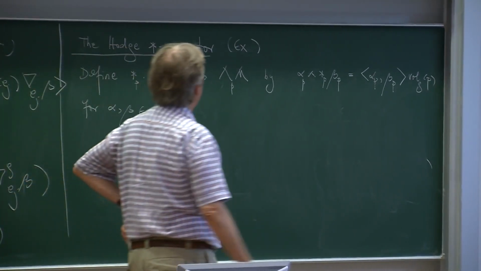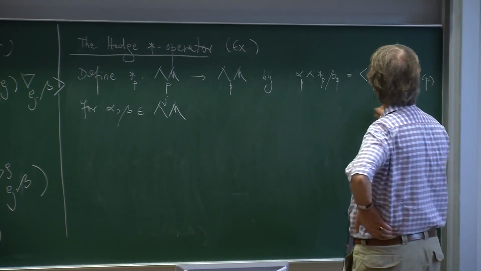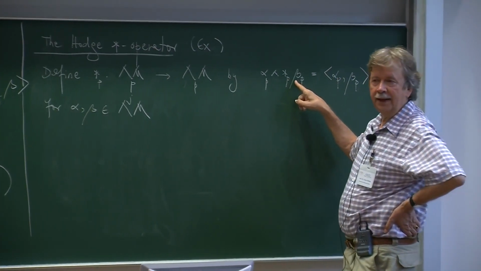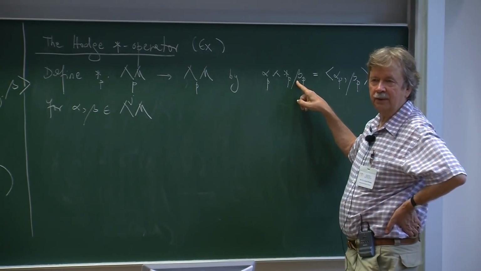So you see, to make this work, star has to map a j-form to an m minus j form, otherwise it can't work.